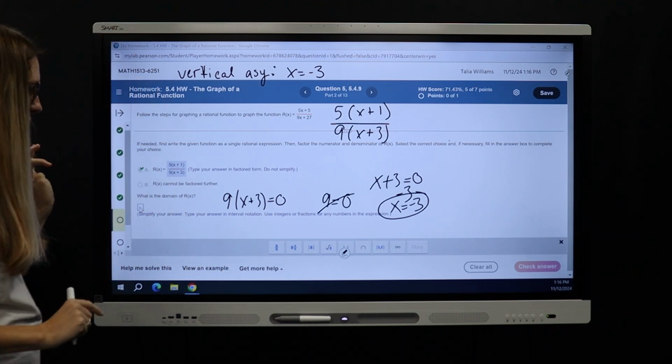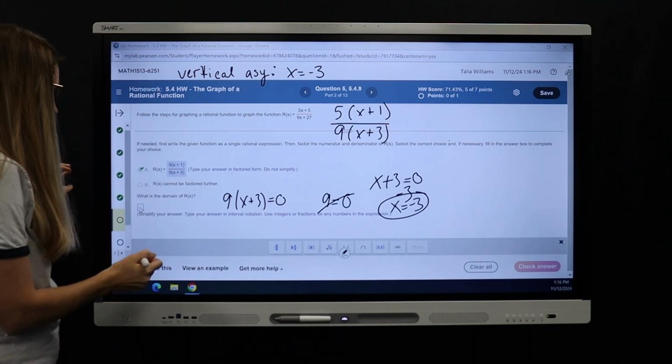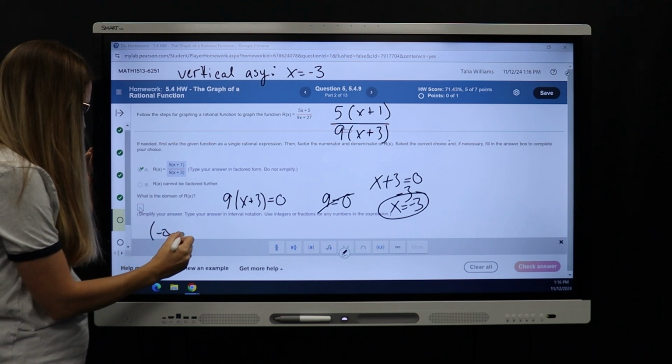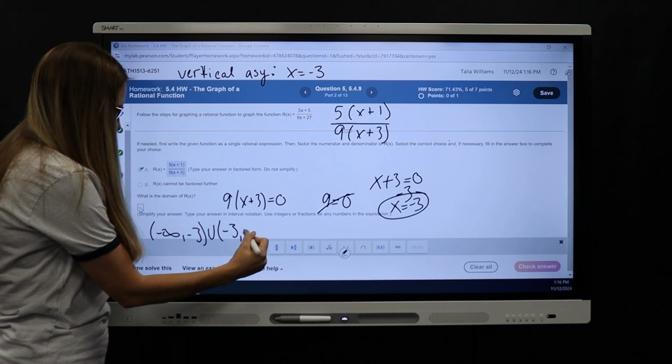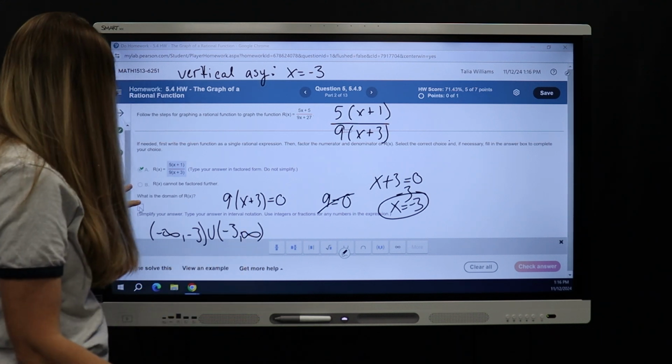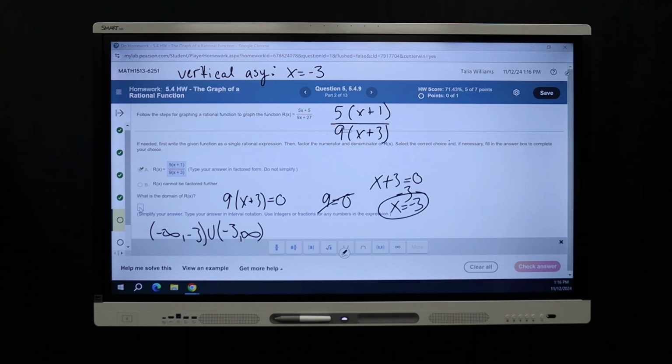When we go to type in our domain, they want this in interval notation, so it's going to go -infinity to -3, unioned with -3 to infinity.